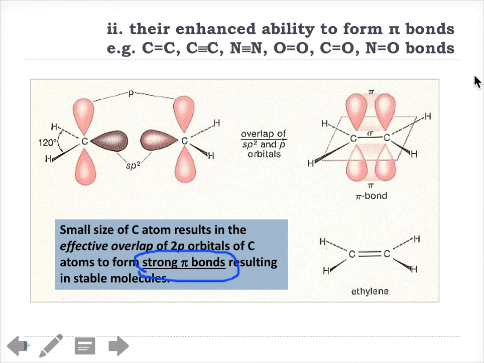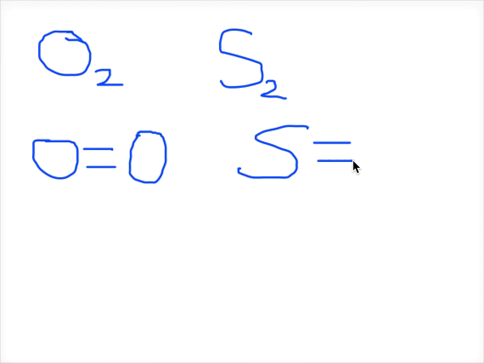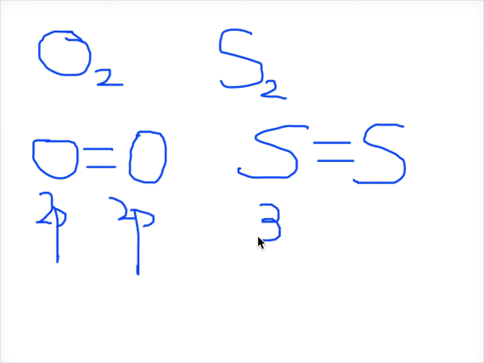So if we go back to the example of O2 and S2, the pi bond formed in the O2 molecule is much stronger than the pi bond formed between S2, because this is from a 2p overlap and this is from a 3p overlap.